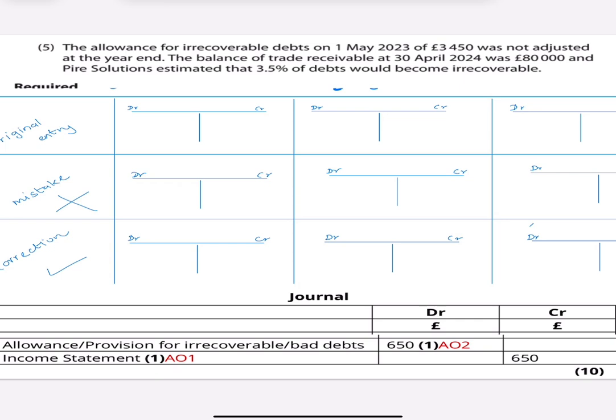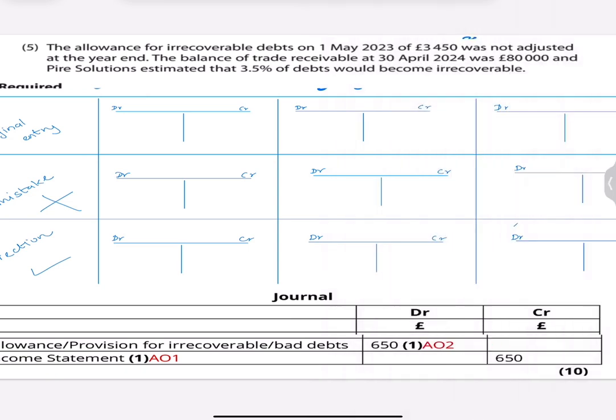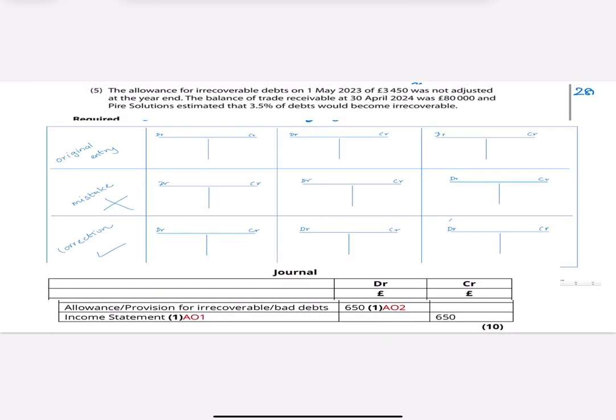Now let's calculate for the year end. So it should be 80,000 into 3.5%, 2,800, and at the start you had 3,450. That means it has reduced.